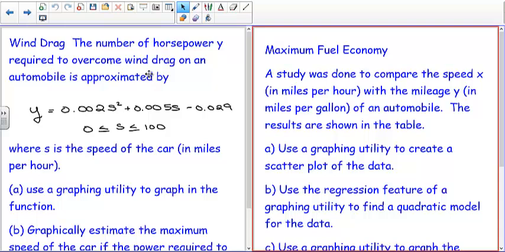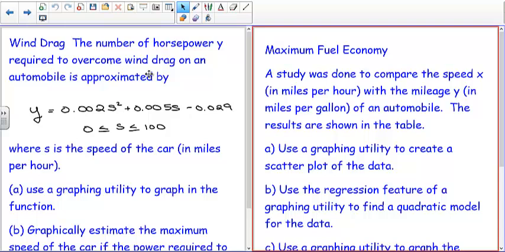Okay, and the final two problems are word problems. So the first one is the number of horsepower y required to overcome wind drag on an automobile is approximated by this function, y equals 0.002s squared plus 0.005s minus 0.029, and this equation is good from 0 to 100, where s is the speed of the car.